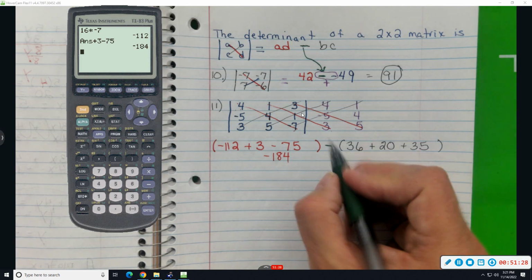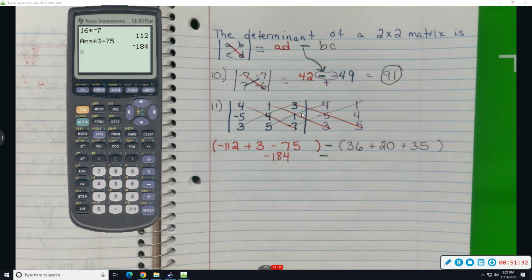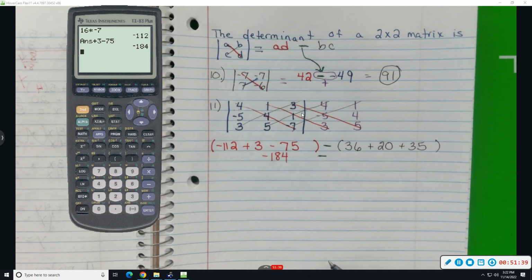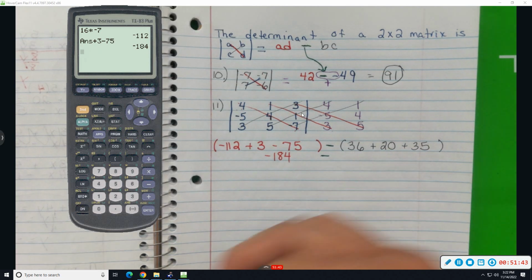We write down this green minus. It's not difficult, it's just sort of tedious, isn't it? 36 plus 20 plus 35, 91. Oops.